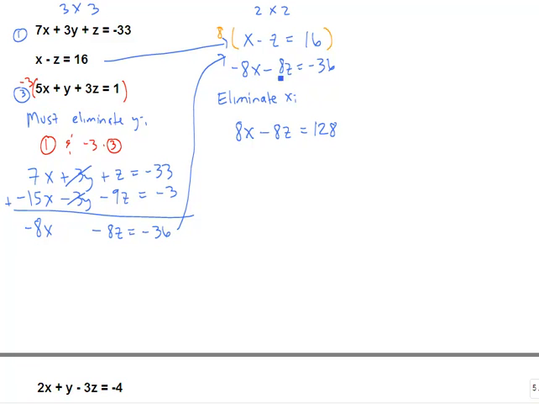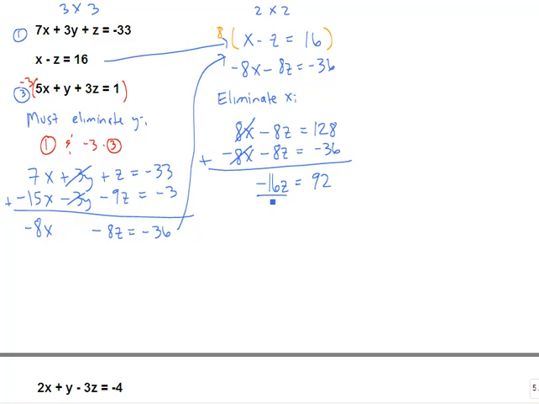And now if I recopy the bottom equation underneath, minus 8x minus 8z equals negative 36. When I add down, the x's cancel out. The z's don't because they're both negative, so this becomes negative 16z. And 128 minus 36 turns out to be 92.